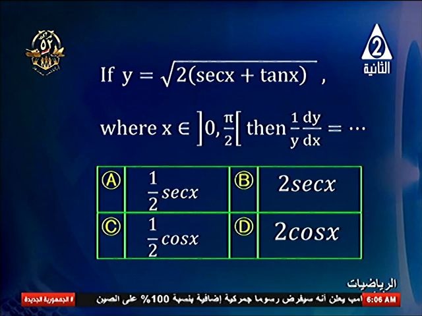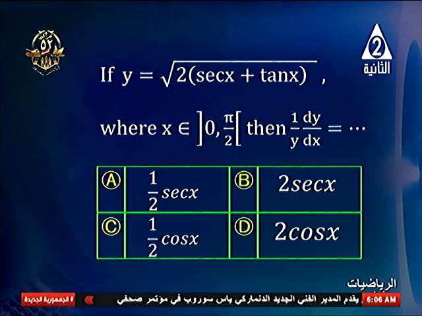Look at y equals the square root of 2 multiplied by sec x plus tan x. dy over dx equals 1 over 2 square root of 2 multiplied by sec x plus tan x, multiplied in the numerator by the derivative of sec x plus tan x. What is the derivative of sec? Sec tan.